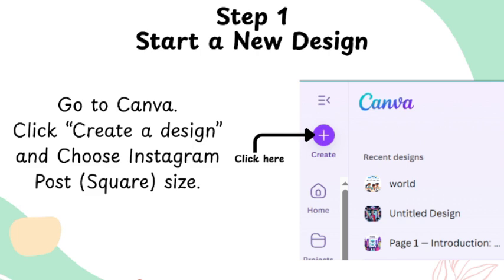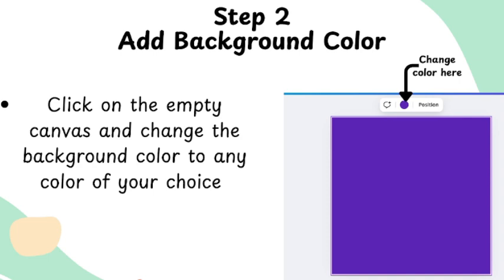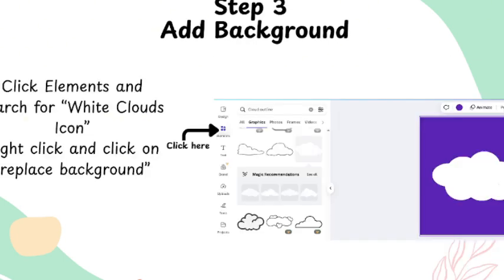The next step is to change the color. We add the background color: click on the empty canvas, then you see where they're changing the color up here, and you make the color of your choice. You can try to use mine or use yours.